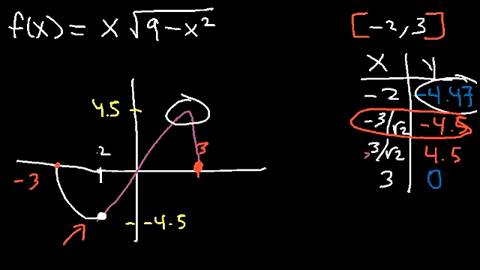But here's a question for you. This point, negative 3 over root 2, is it in this restricted interval? If it is, then that means that this indeed is the absolute minimum. But if it's not, then we have to remove it. So let's find the decimal value of 3 over root 2. 3 divided by the square root of 2 is 2.12.